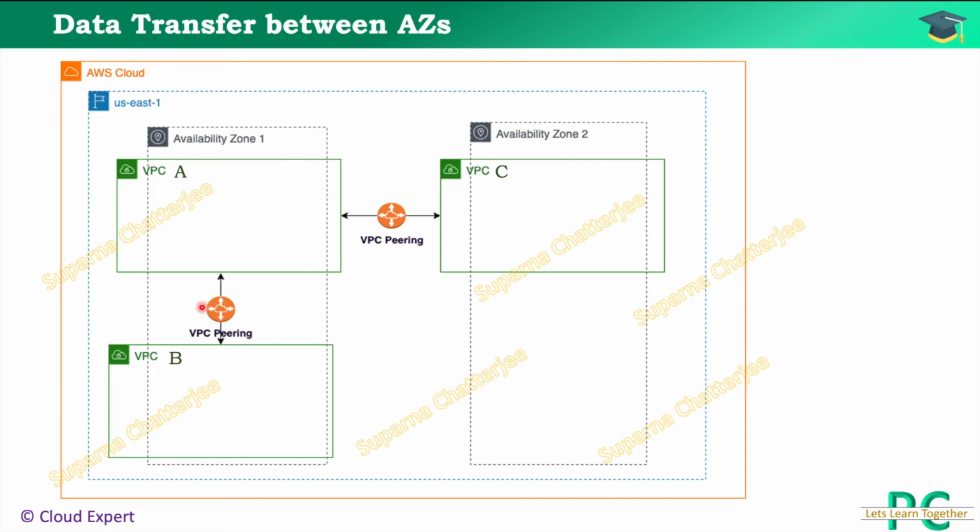And we have created a VPC peering connection between VPC-A and VPC-B and between VPC-A and VPC-C. Now let's understand what the data transfer charges will be when you communicate between different services in these VPCs. For any traffic between VPC-A and VPC-B, there will be no data transfer charge because both are in the same availability zone.